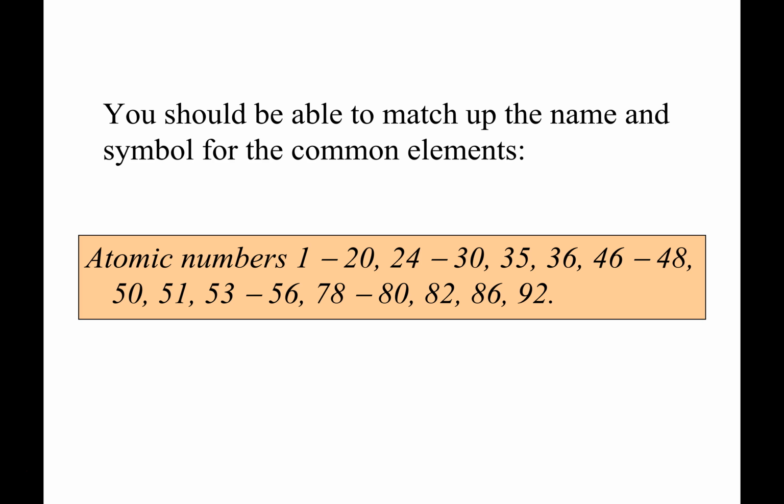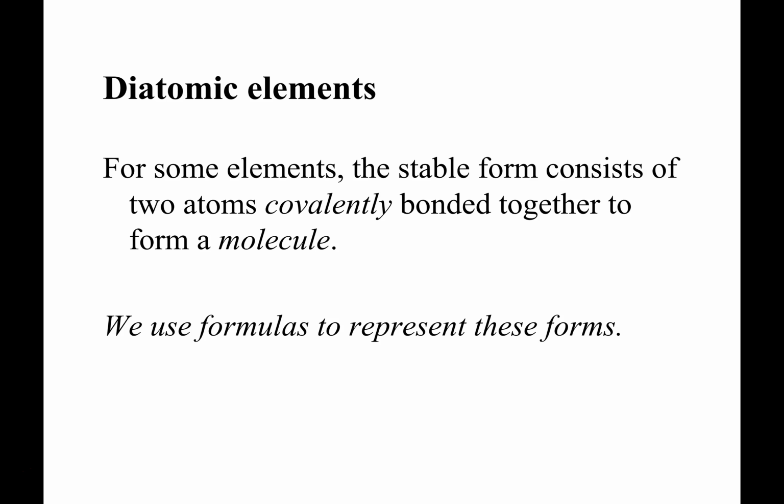So what I might do, and actually this is the same periodic table you see other places, like in your lab manual, but you might want to take something like this and go ahead and mark those on here. Okay? 92, what element's 92? Atomic number 92. Uranium, yep, uranium. Very good.